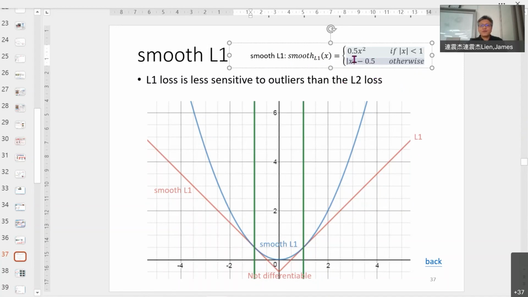So here is meaning what? Meaning if the x value is bigger than 1, this one here, the green color, bigger than 1, so it will be linear. So this will be linear. But when it is a smaller than 1, will become curve, become smooth, more smooth. Why? Because we do gradient descent.